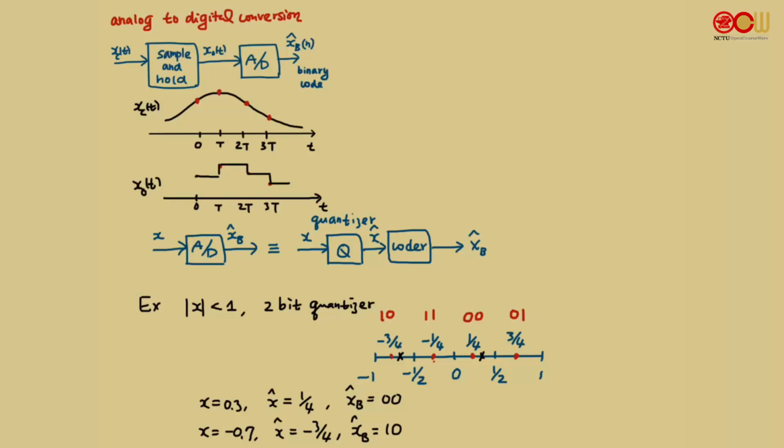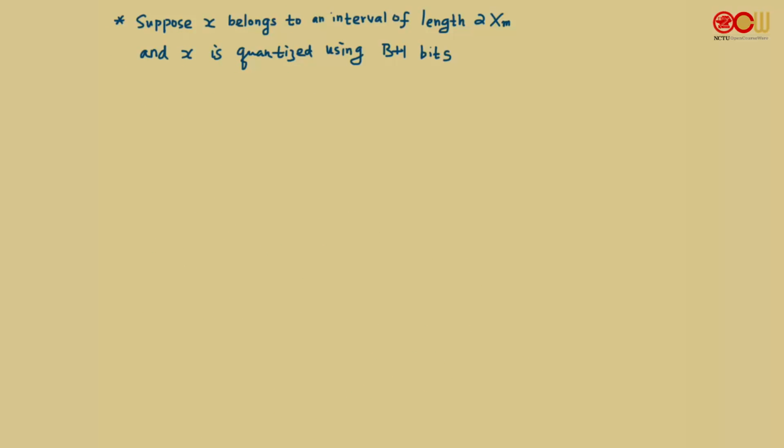So if we have an input of 0.3, the output will be 0, 0. And if we have an input of minus 0.7, the output will be 1, 0. That's the binary code. Now let's consider the more general case.